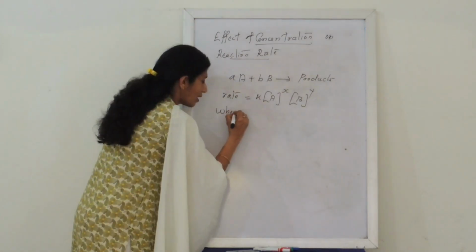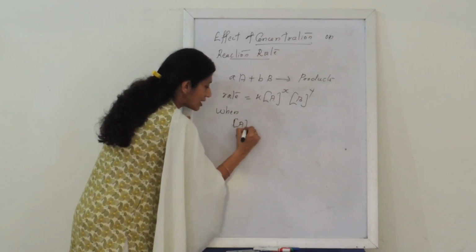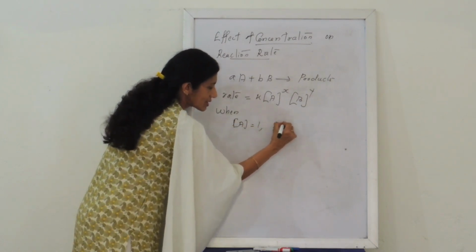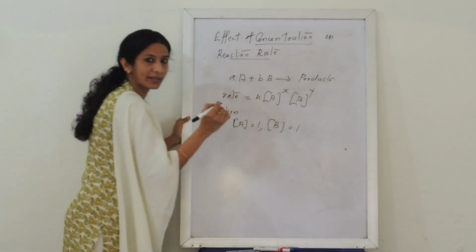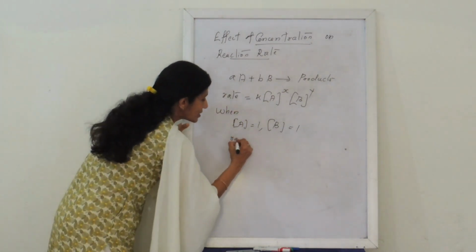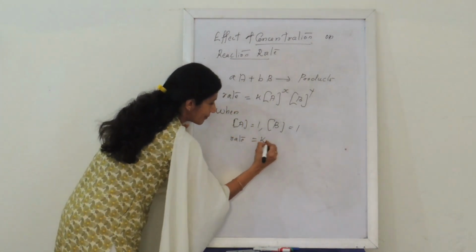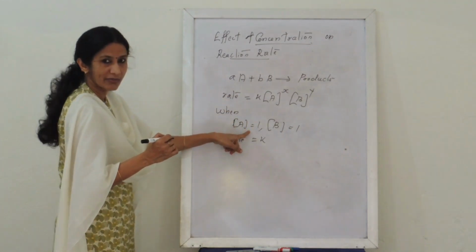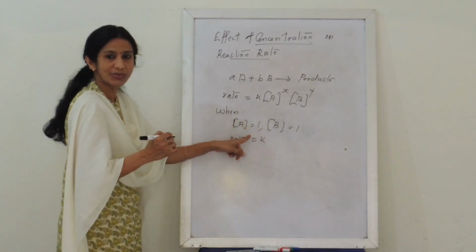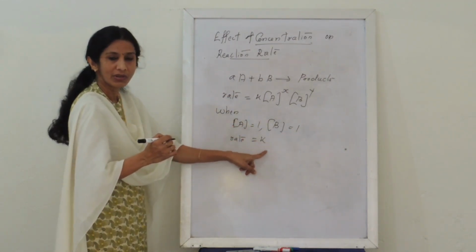Then concentration of A is equal to 1 and the concentration of B is equal to 1. So we can write rate is equal to k. When the concentration of A and B is equal to 1, the rate is equal to k.